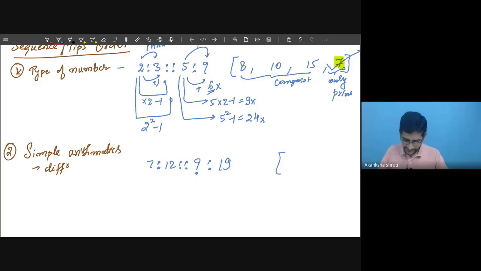The options, let me take as 11, 14, 17, and the other one is 21. Here we are observing that 7 plus 5 is giving us 12. It means if I add 5 to this, it shall give 19. That would be one possibility.